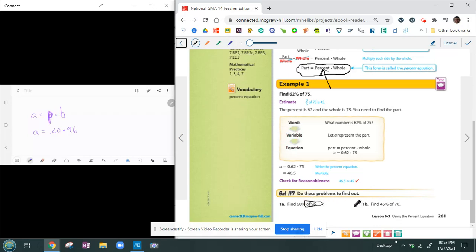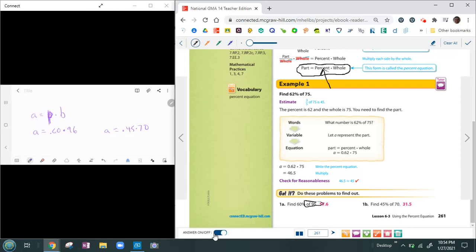Then you can multiply and get that answer. The other one would be the part is equal to 0.45 times 70, and here are the answers. All right, there you go. Let's go into the next problem.